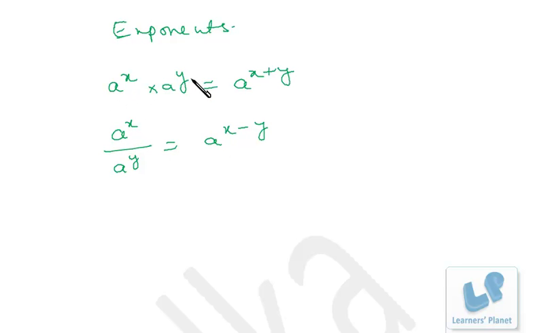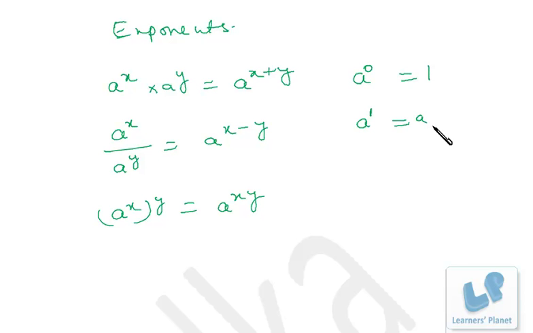This is the base, this is the exponent. If the base is same and two numbers are multiplied, then exponents are added. If one is divided by the other, then exponents are subtracted. Similarly, a raised to x raised to y is equal to a raised to xy. Any number having power 0 will be equal to 1. Any number having power 1 will be the number itself.